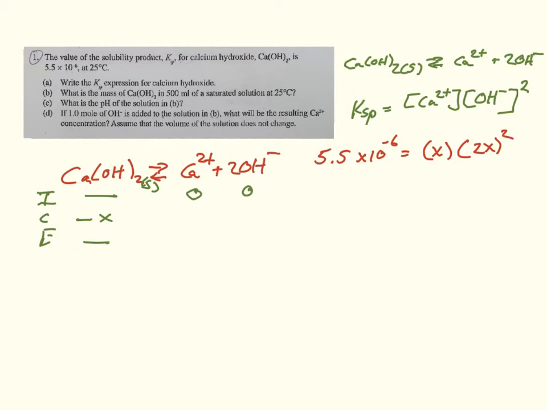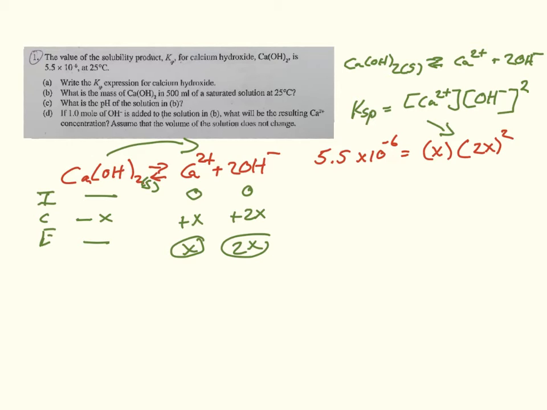These ions start at 0 before this thing is dissolved. This one goes up by x, and so you'll have some x amount at equilibrium. And this goes up by 2x, and you'll have some 2x amount at equilibrium. And of course, those are the equilibrium concentrations, so I plugged those into the equilibrium expression right there. So that's why it's 2x.